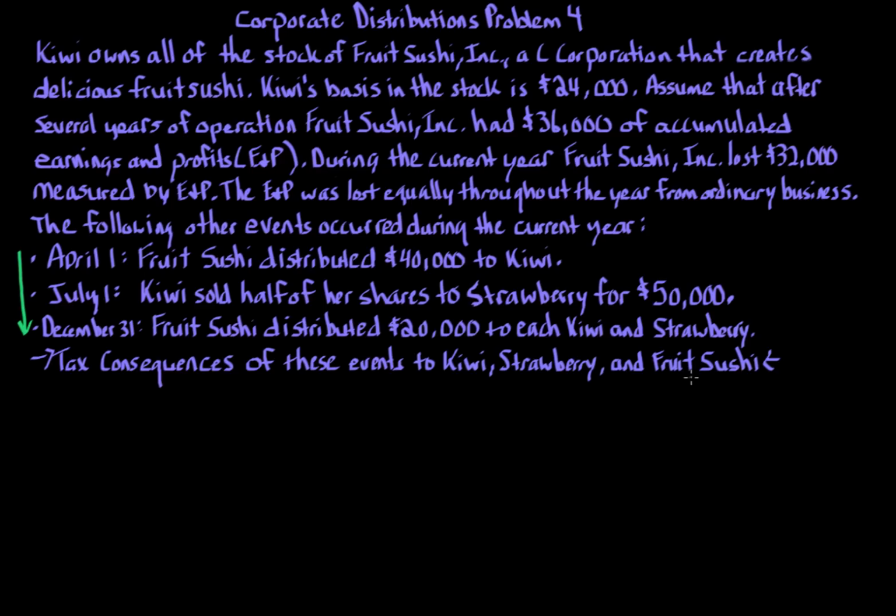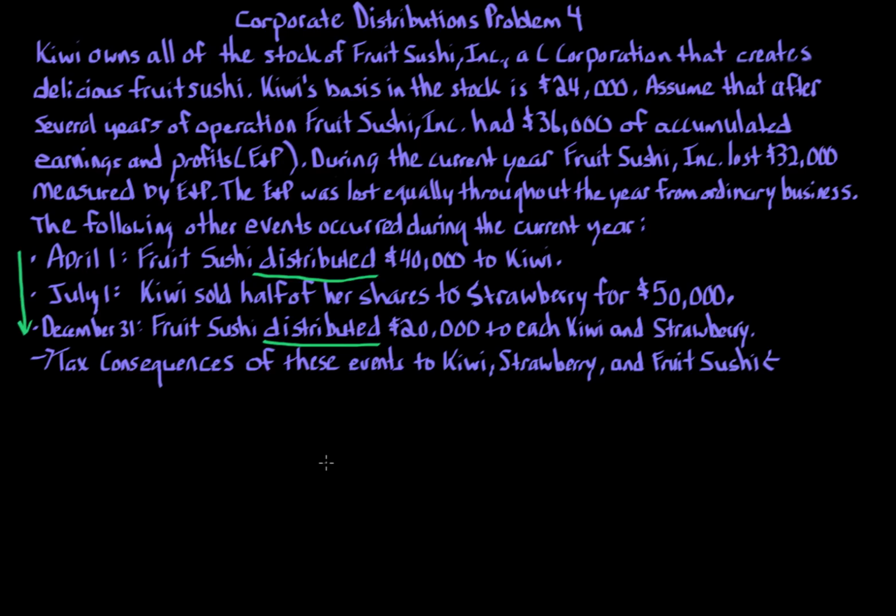Remember, whenever we have a distribution, we have to determine if that distribution is a property or cash distribution or a stock distribution. Code Section 317 deals with that specific issue. It states that if it's a stock distribution, then it's not going to be under the normal distribution rules of Sections 301, 311, 312, 316 and 317.